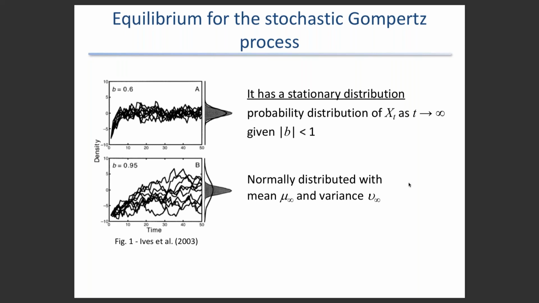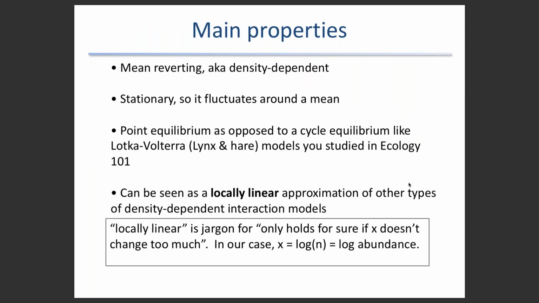The mean is 0, but you can see the variance is larger. So here's the variance of that one. That's the distribution. So those are the two key things that describe this stochastic equilibrium. It has a mean, it has a variance. Okay, so I mentioned those main properties, point equilibrium.